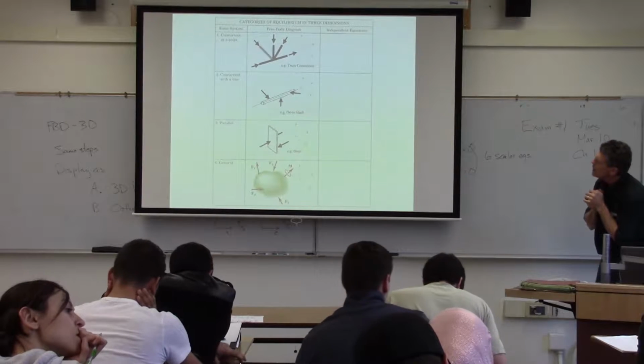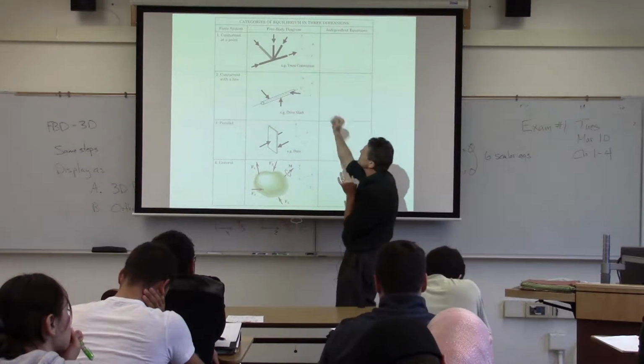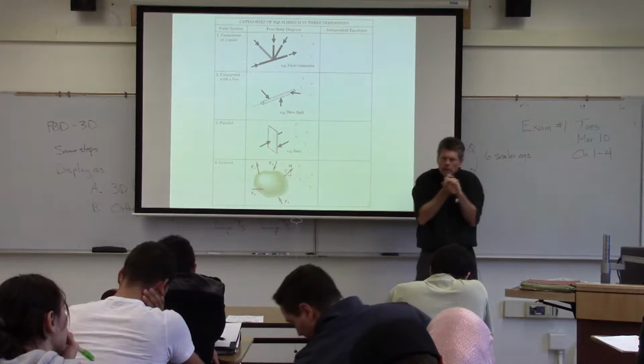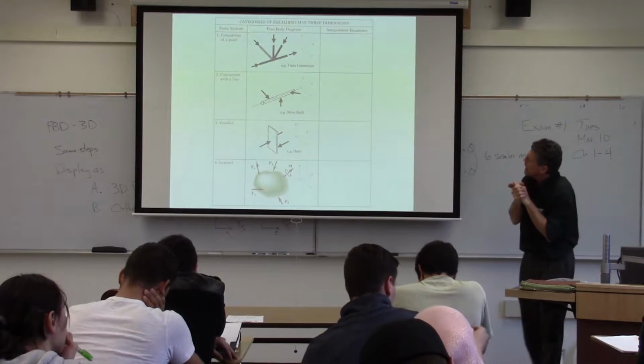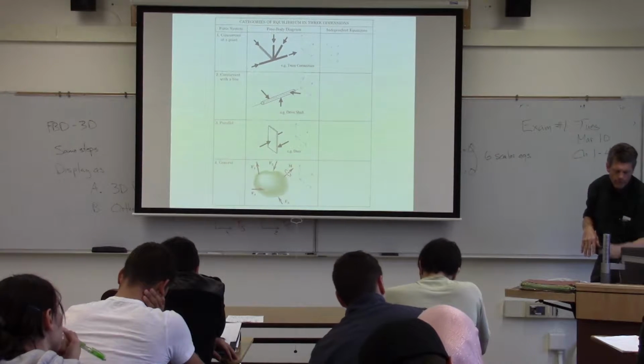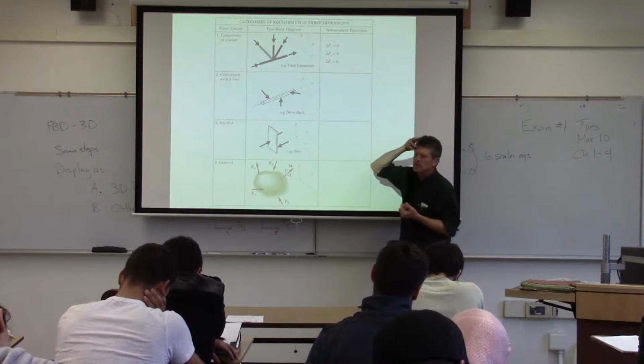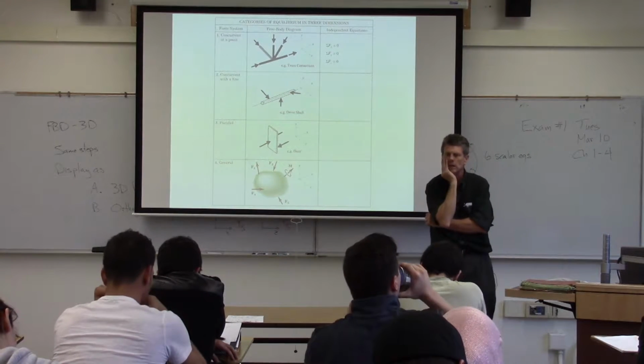Say, for example, in our truss situation, we're going to have a lot of three-dimensional trusses. But basically, all of the members are connected to a pin or a point or something like that. What we're going to find then is that we have a set of concurrent forces. And the forces that are available for us there are going to be just simply the x, the y, and the z.